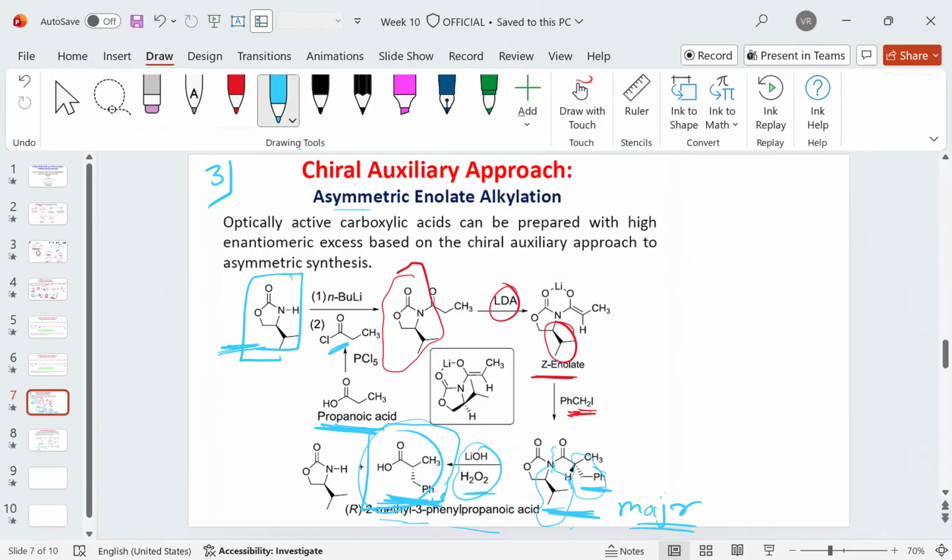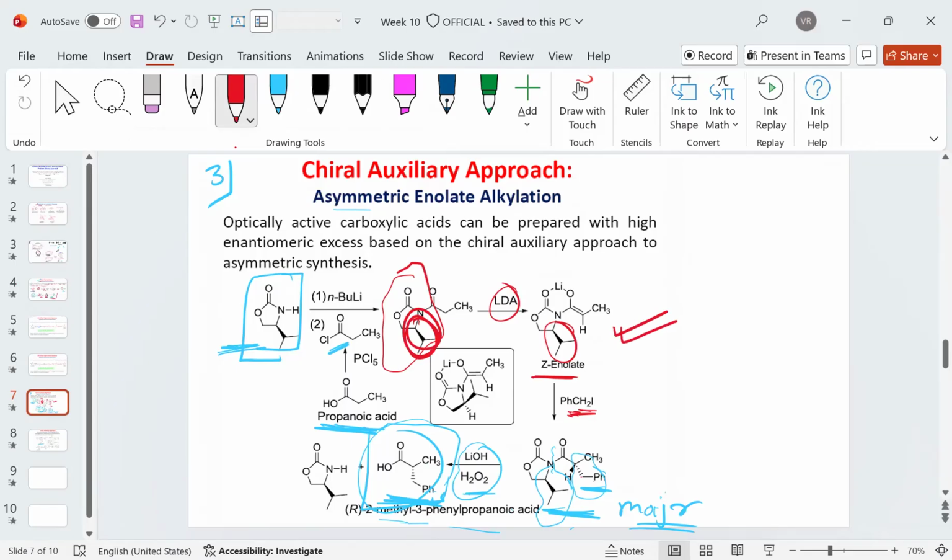What we have basically done is add some auxiliary into our starting material. That auxiliary induced the formation of one enantiomer in the major form and the other in the minor form. The steric hindrance present in this auxiliary part helps to selectively form only the Z enolate.